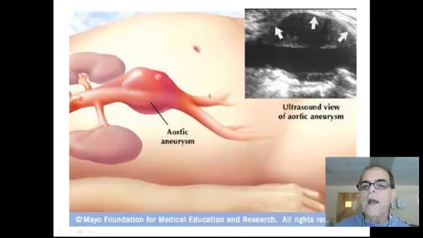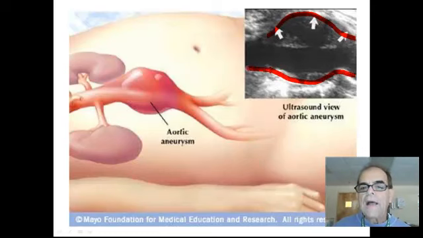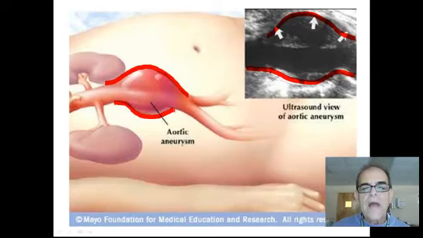You have here one example of an ultrasound picture of an aortic aneurysm. Abdominal aortic aneurysm is a dilatation of the aorta and is a very common disease and also a very common protocol.